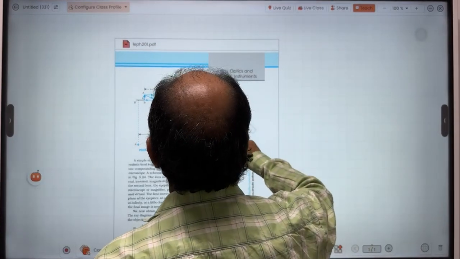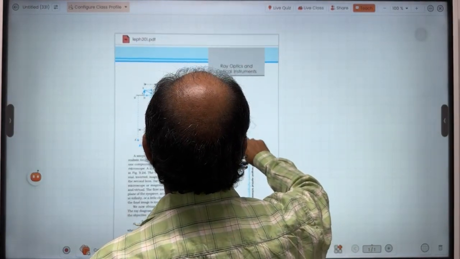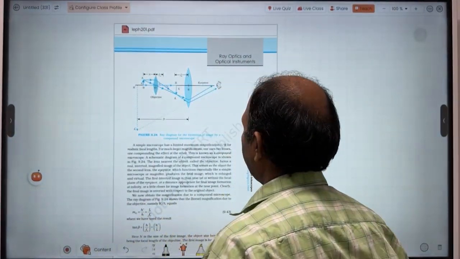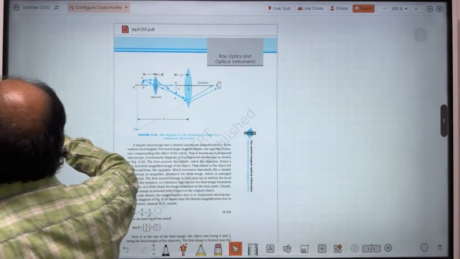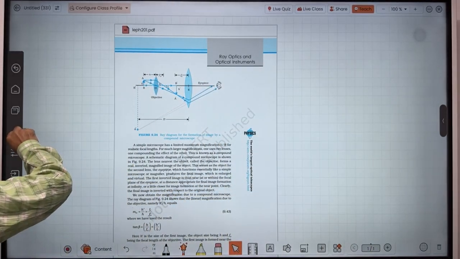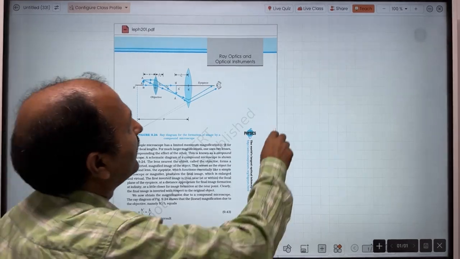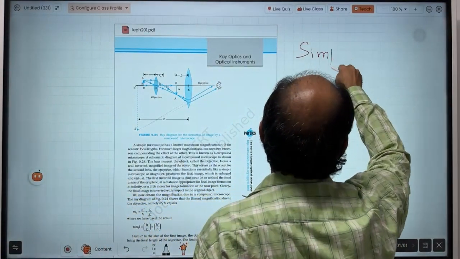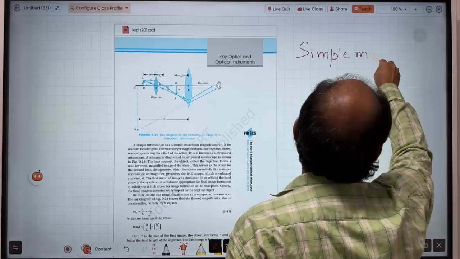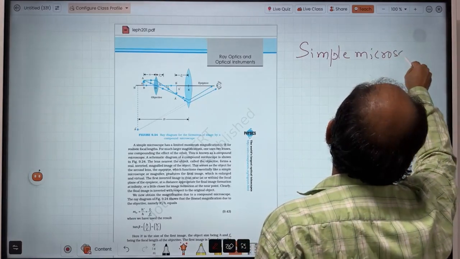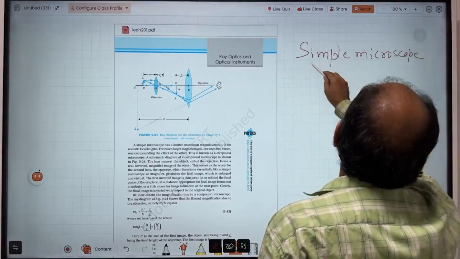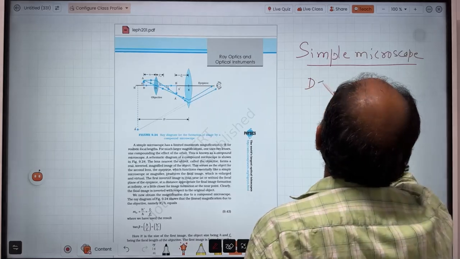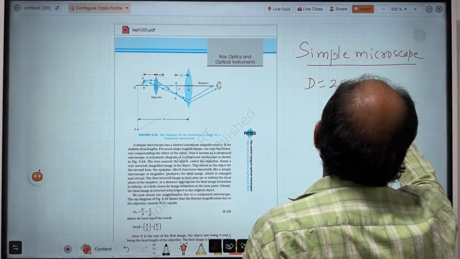Now we have to study the compound microscope. But before that, I would like to tell you one example. Like you are given a simple microscope, right? And you know D is equal to 25 centimeter.